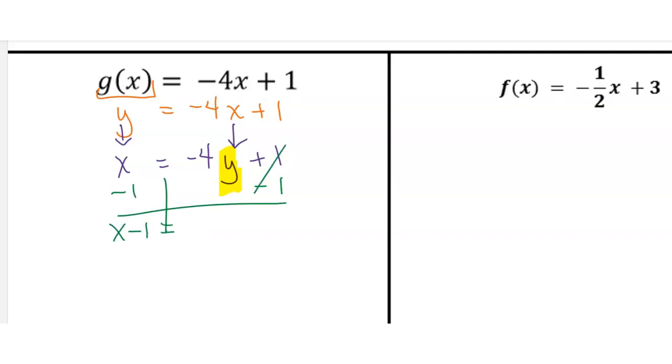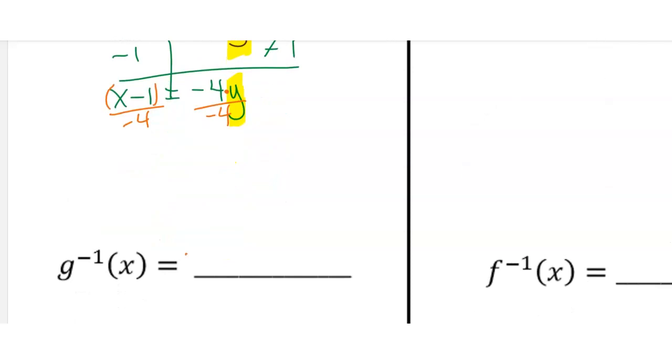We get the expression x minus 1 is equal to -4y. To isolate the y, we need to divide by -4 since we are multiplying, with the parentheses around the x minus 1 and then the negative in front, just like we did in class.